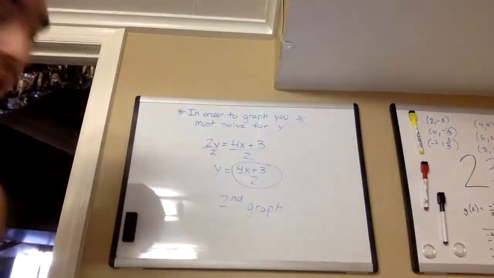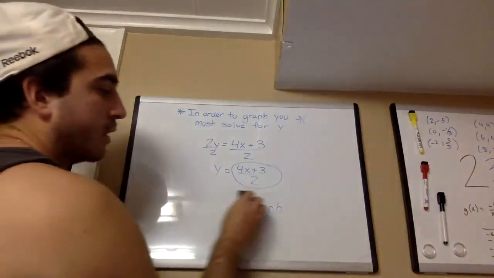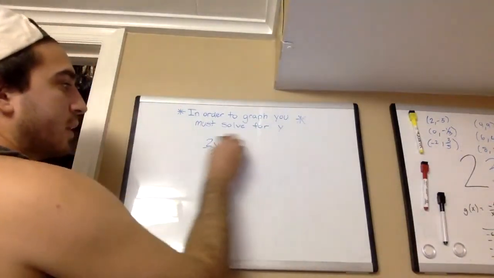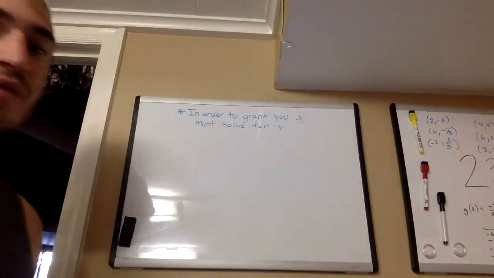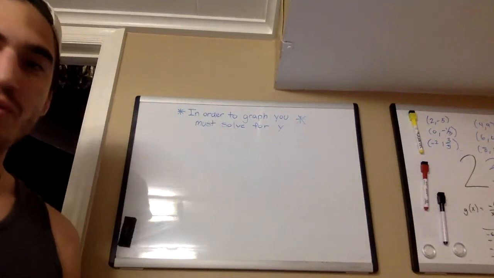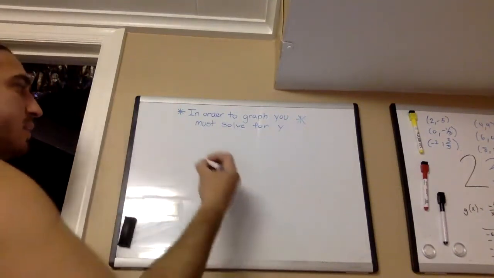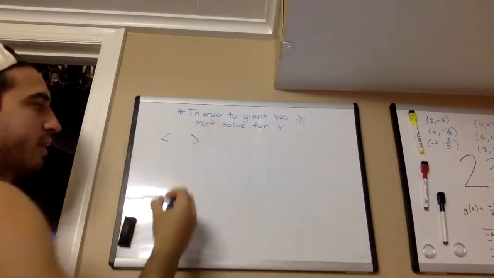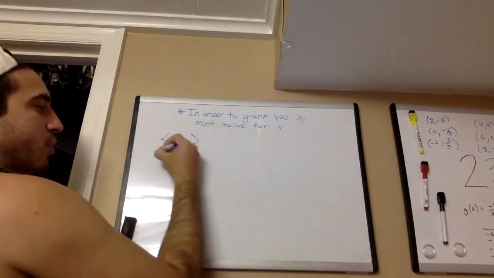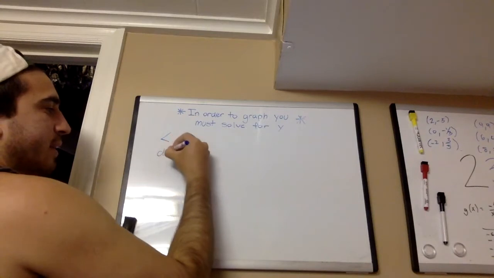For the second part, they're going to ask you to graph an inequality. An inequality is the exact same thing. Make sure that you are solving for y, but there are a few things you need to know. If you have the less than or greater than sign, when you connect your points it's going to be a dotted line.